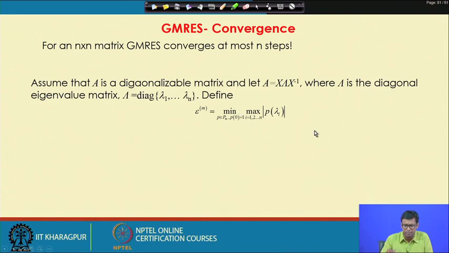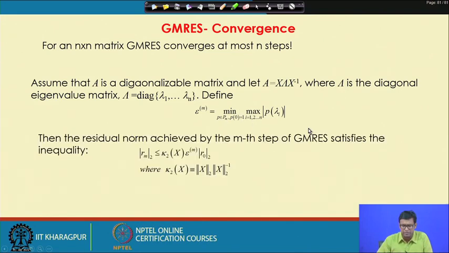The maximum of that, for the degree of polynomial, will depend on for which this value is minimum. Then the residual norm achieved at the mth step of GMRES satisfies that Rm's 2-norm is less than the condition number of the eigenvector matrix X times epsilon m times R0's 2-norm. Therefore, the L2 norm of R0 is always greater than the L2 norm of Rm.